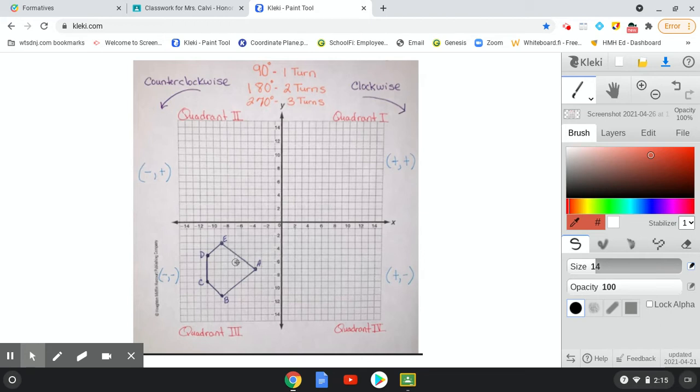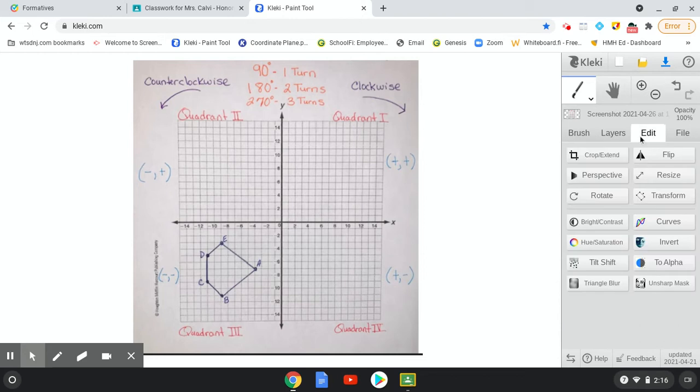So I have this figure here, A, B, C, D, E, and I want to rotate it 90 degrees counterclockwise. So 90 degrees is one turn, counterclockwise is going left. So I'm going to rotate it 90 degrees counterclockwise to see where it lands. Right now it's in quadrant 3. Let's see where it lands when we rotate it.